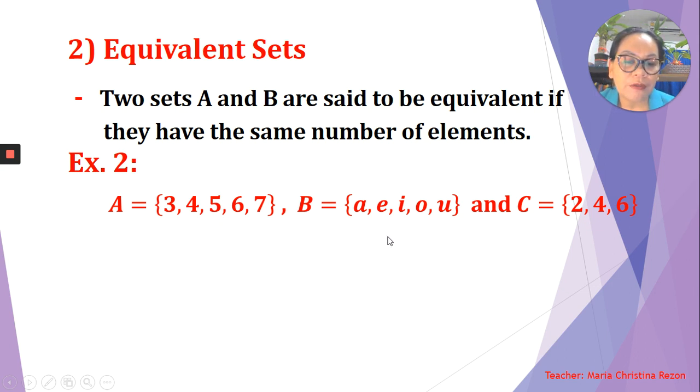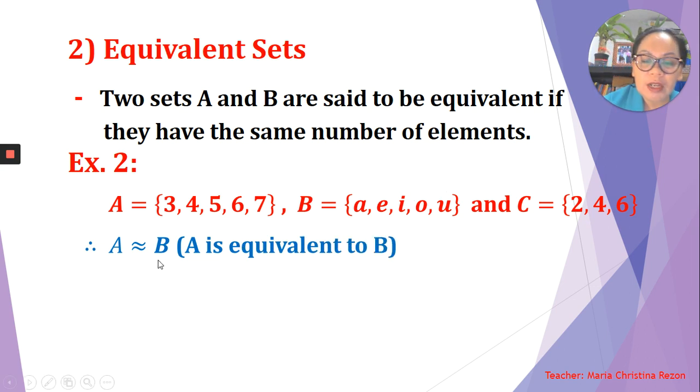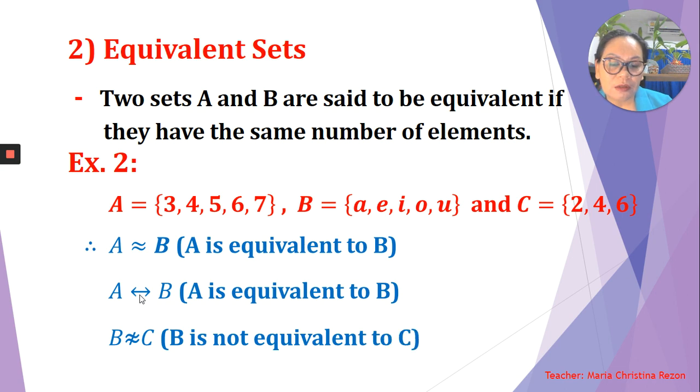For B, we have 5, and for C, we have 3. Therefore, we can say that A is equivalent to B. Another way of writing it, you can have this symbol here for equivalent. And then we can also say that B is not equivalent to C, or A is not equivalent to C.